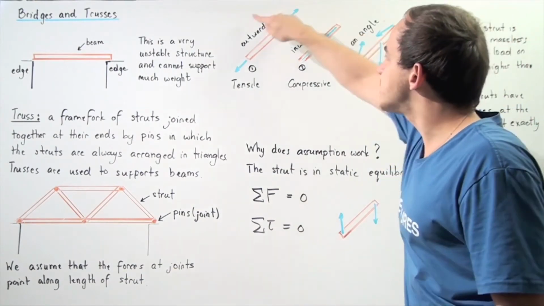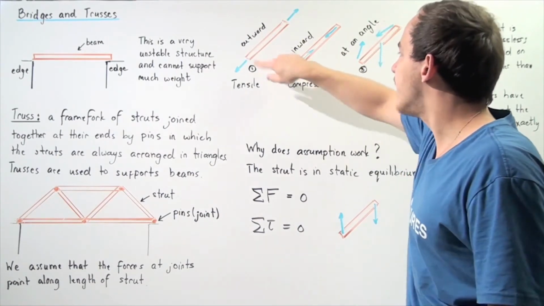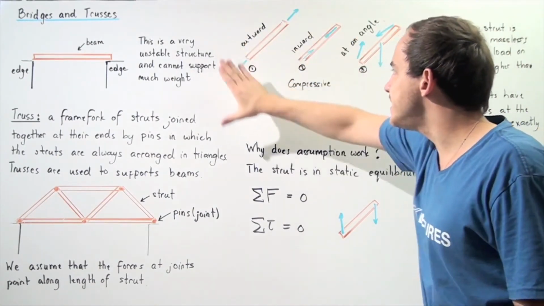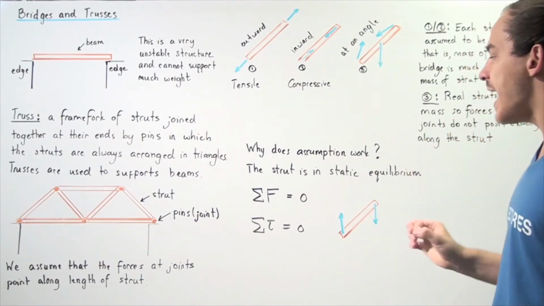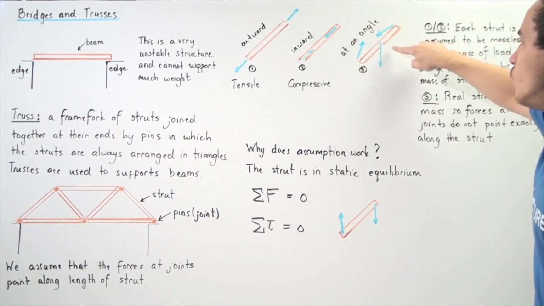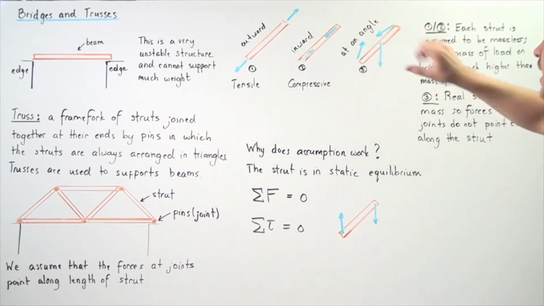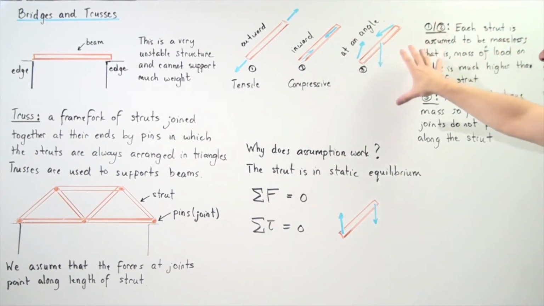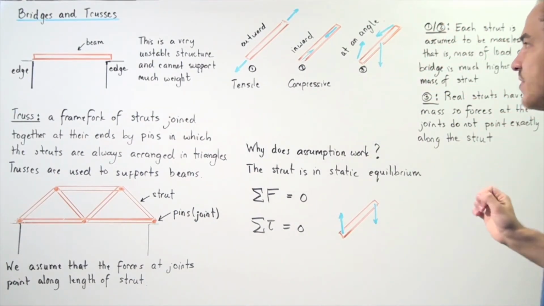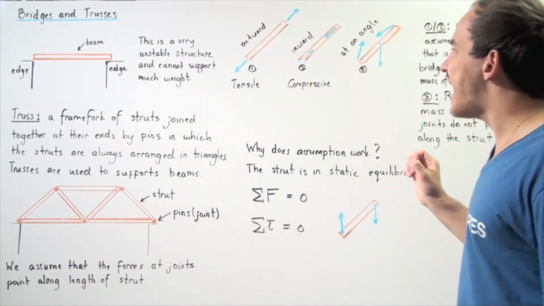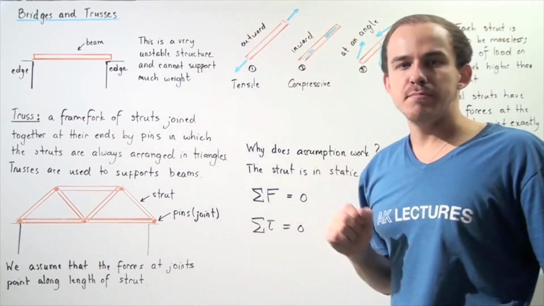And so if we sum up the forces and the torques acting on diagram 1 or diagram 2, we see that our forces and torques will sum up to 0. And in the same way here, we can also add up all the forces and torques acting on our strut, and these forces and torques will sum up to 0. Now, why is it that these forces don't act at an angle when we assume the struts to be massless?